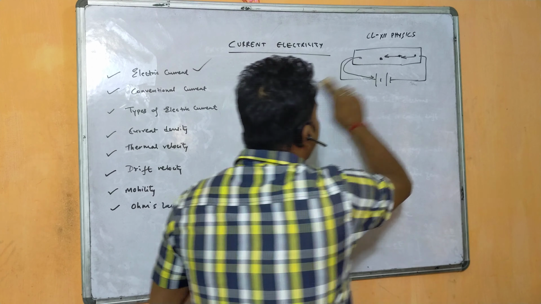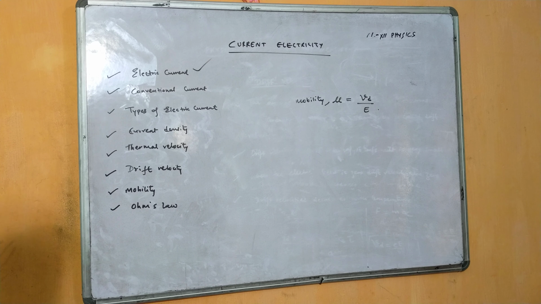It also depends upon the mass and the electric field which is applied. So mobility is denoted by mu, equal to drift velocity per unit electric field.